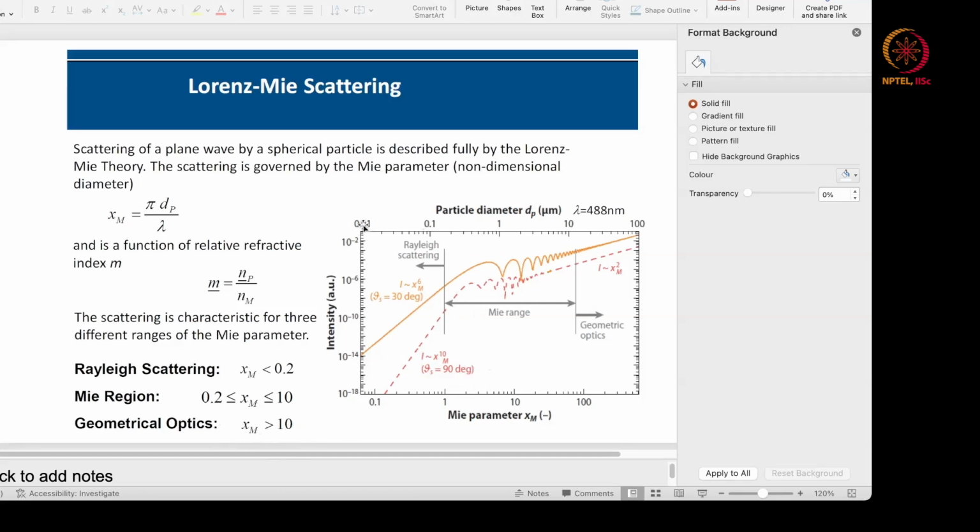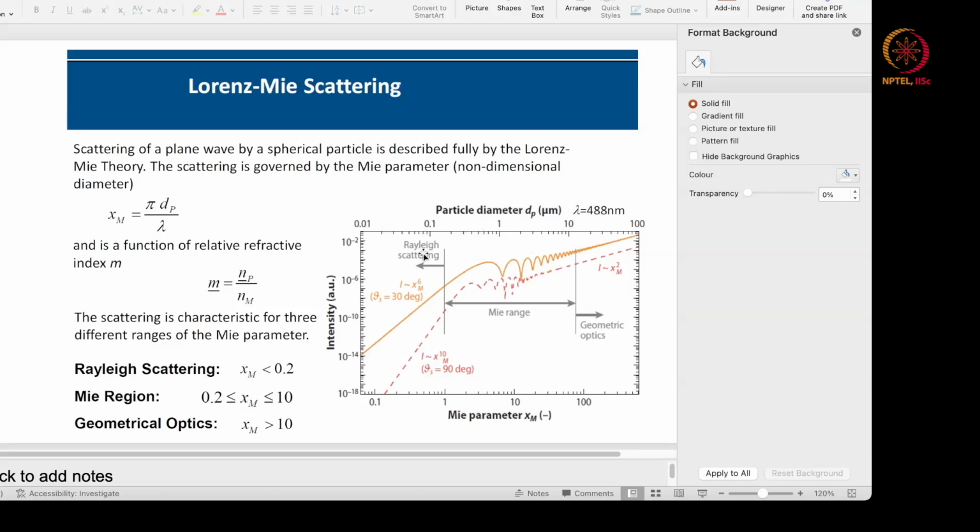If you look at this particular plot, for example, the lambda that is used is 488 nanometer, but it can be anything else. And this is the Mie parameter that we have plotted. This is the particle diameter, because once you know the wavelength, you can also plot the particle diameter.